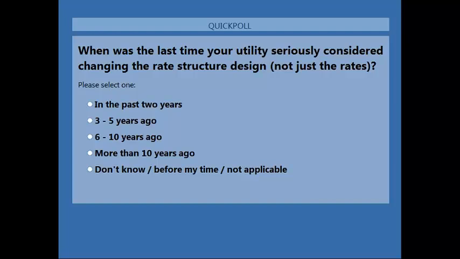So when have you considered switching from a uniform rate or decreasing block rate to something else, or perhaps changing the consumption allowances, including a new base charge, or intentionally changing the balance between your base charge and your volumetric rates. So you're doing something to the design of your rate structure itself. When was the last time that your utility considered doing something, changing it, even if you have not actually changed it?